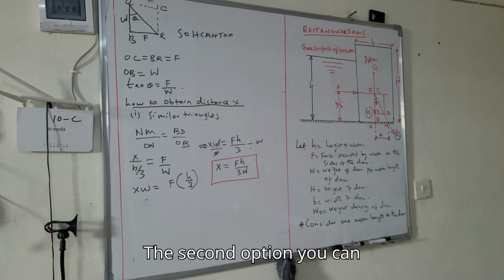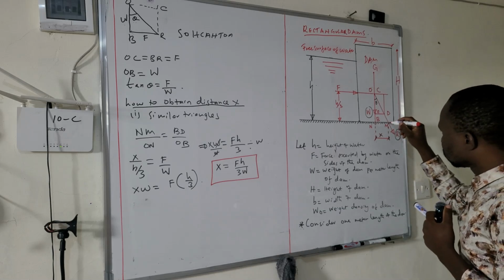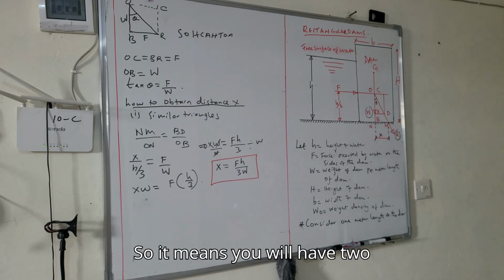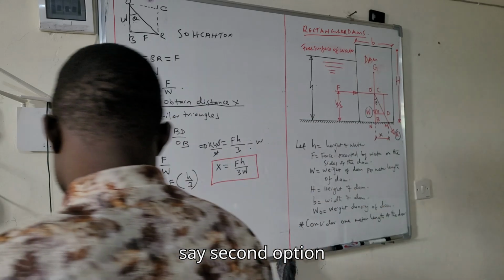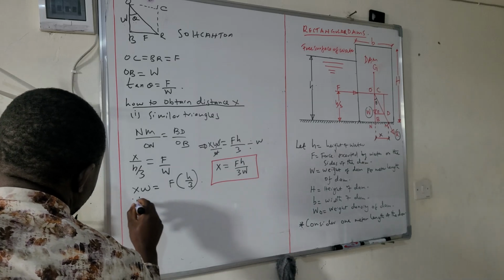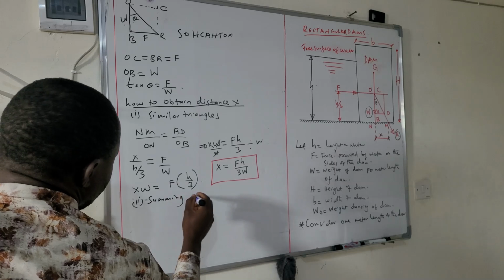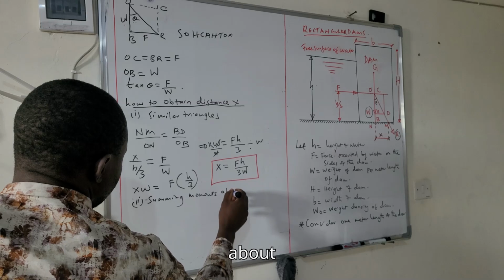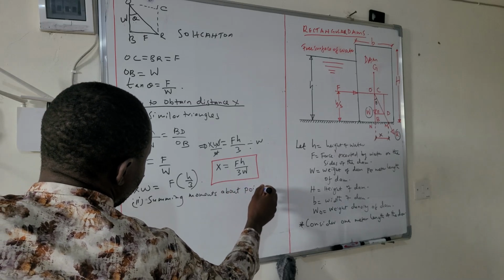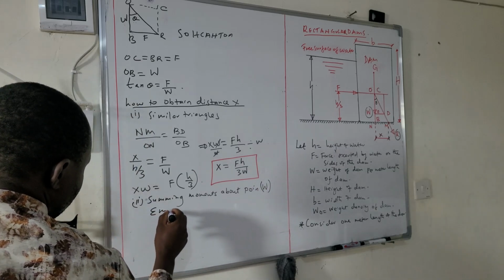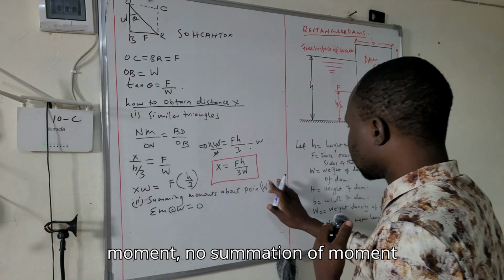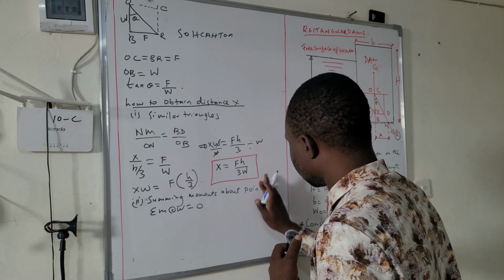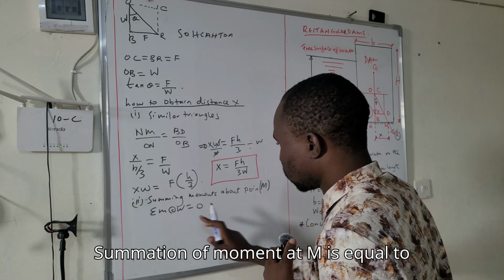The second option, you can consider by summing moment at this point M. So it means you will have two forces, which are force F and W. So the second option, number 2, is summing moment about point M. Summation of moment at M is equal to 0.